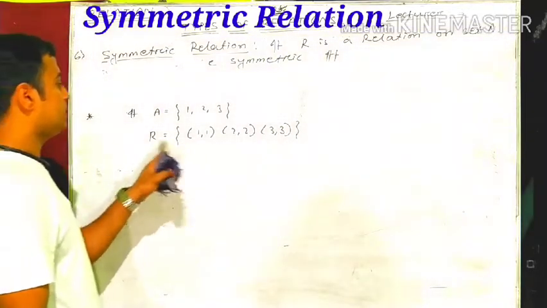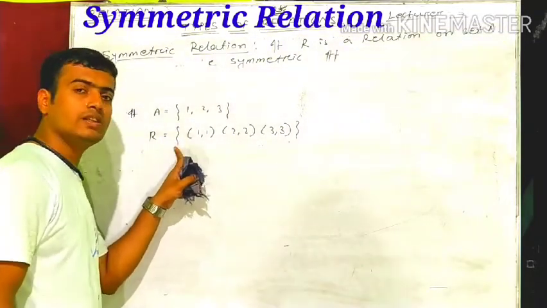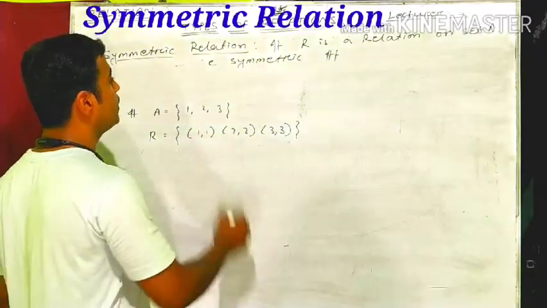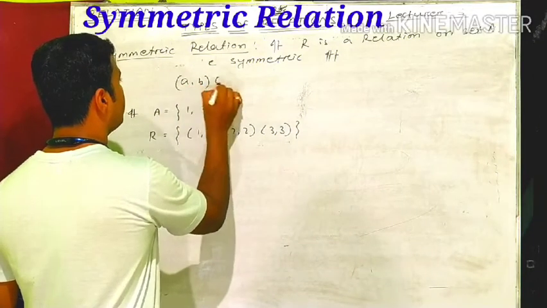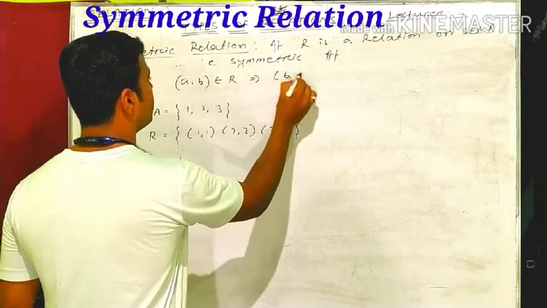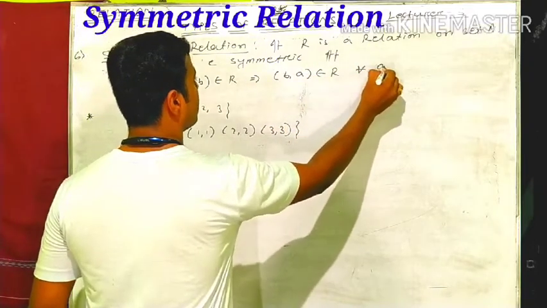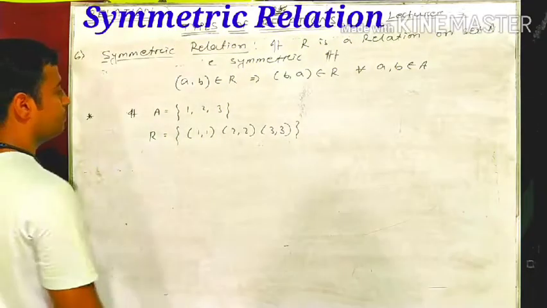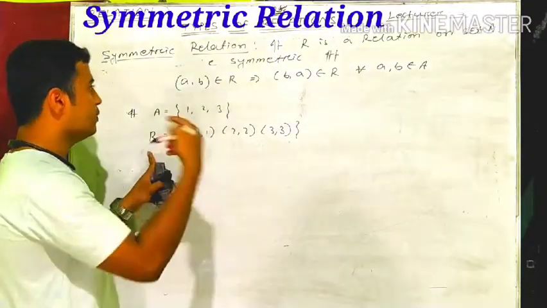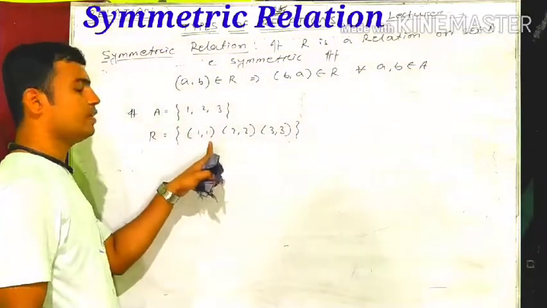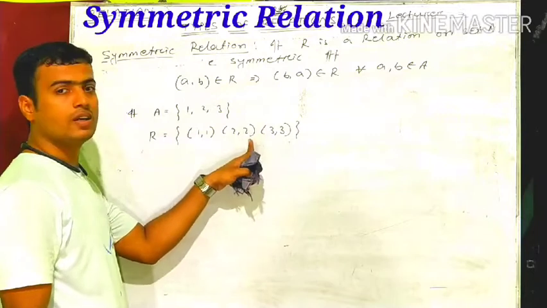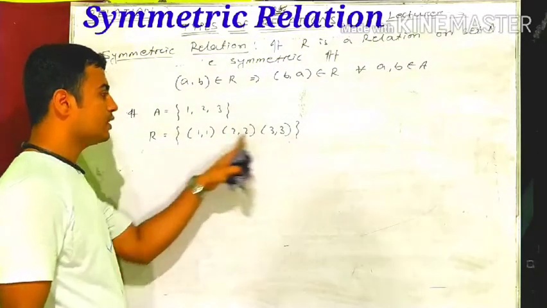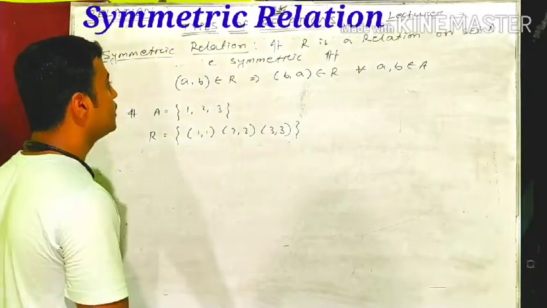Here this relation is the identity relation, it is a reflexive relation, and this relation is also symmetric, because the definition says if (a, b) belongs to R, then (b, a) belongs to R for all a, b belonging to A. Here (1, 1) belongs to R. If we change the position of (1, 1), it again belongs to R. Here (2, 2) belongs to R. If we change the position, (2, 2) or its inverse also belongs to R. (3, 3) also belongs to R. So this relation is called symmetric relation.